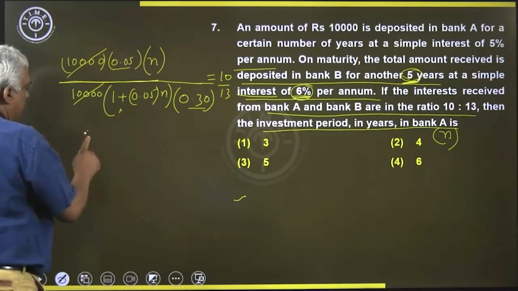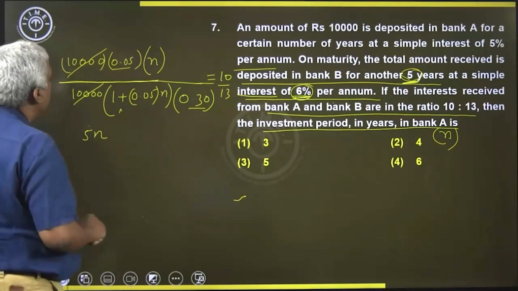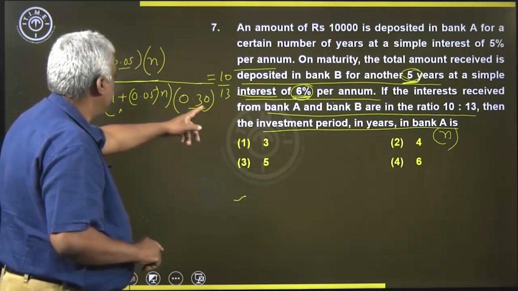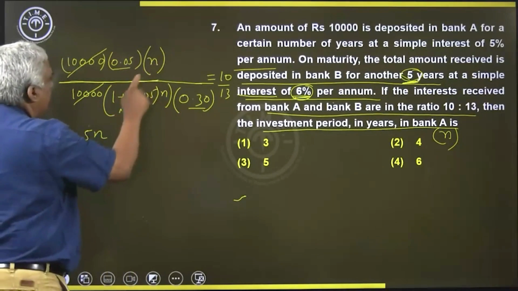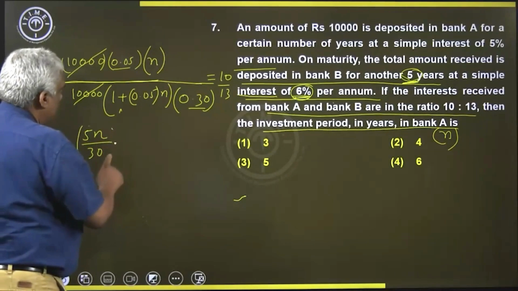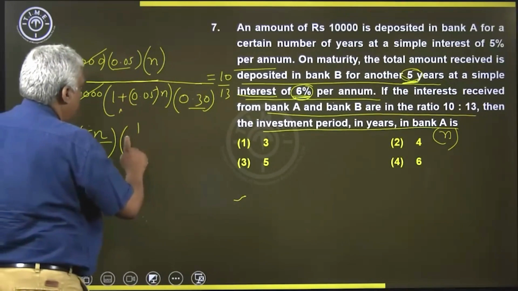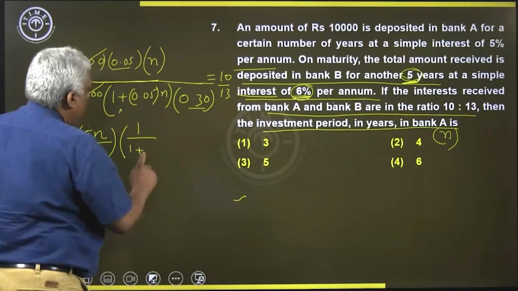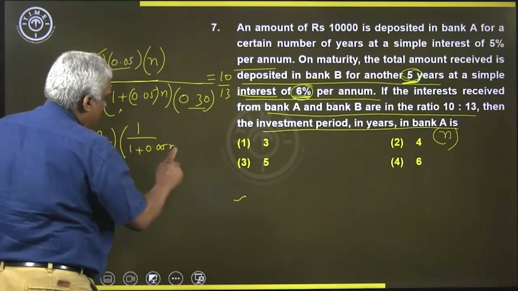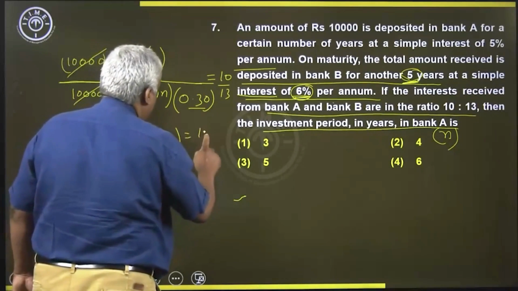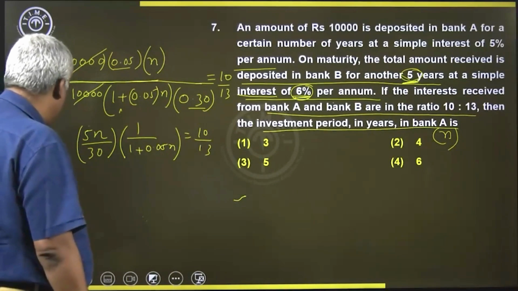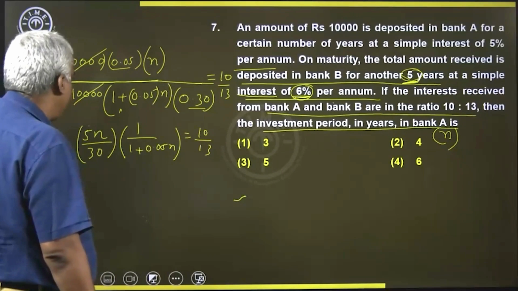So this will be 5 by 30, times 1 by 1 plus 0.05n, equal to 10 by 13. So let's solve it.